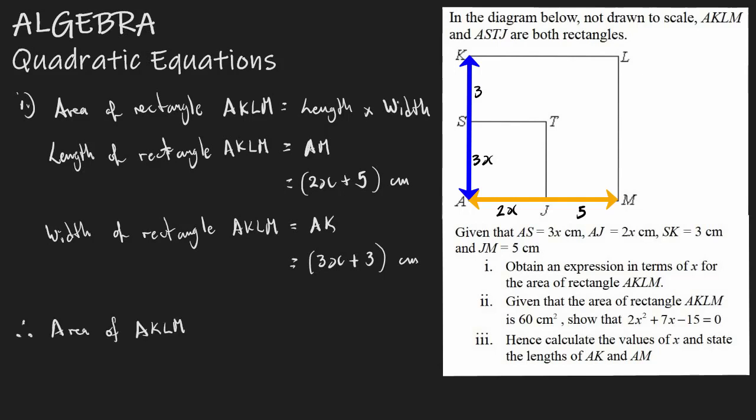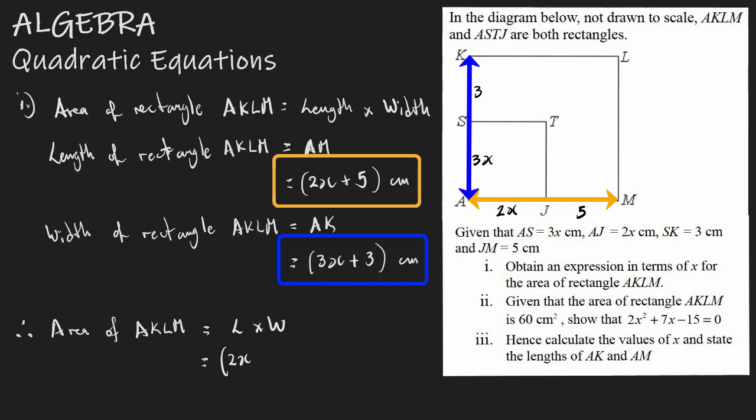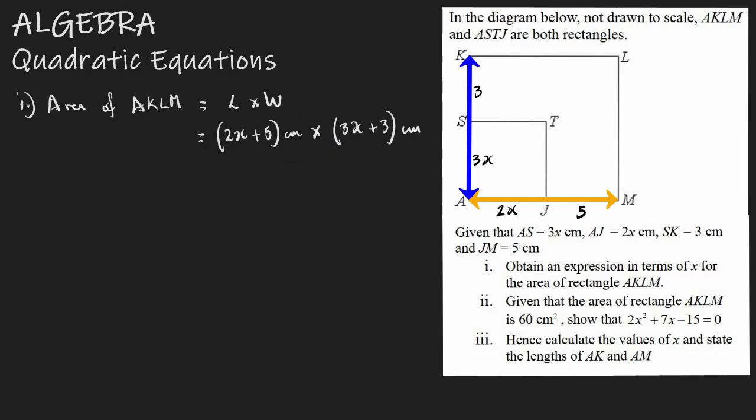Therefore, area of AKLM is equal to length times width, which is equal to 2x plus 5 centimeters times 3x plus 3 centimeters. So we will be multiplying 2x plus 5 times 3x plus 3.